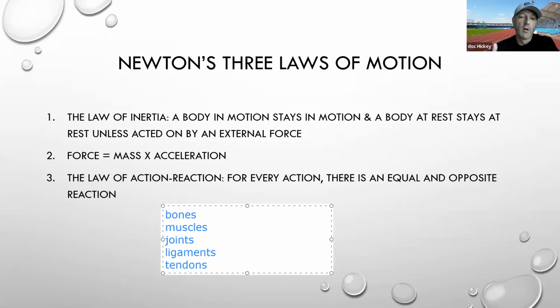And remember, the bones are the levers. We'll be getting into force in a minute, but the force is coming from the muscles, and the joints act as the axis of rotation in that lever system. The ligaments join bone to bone, essentially creating the axis, creating that joint.